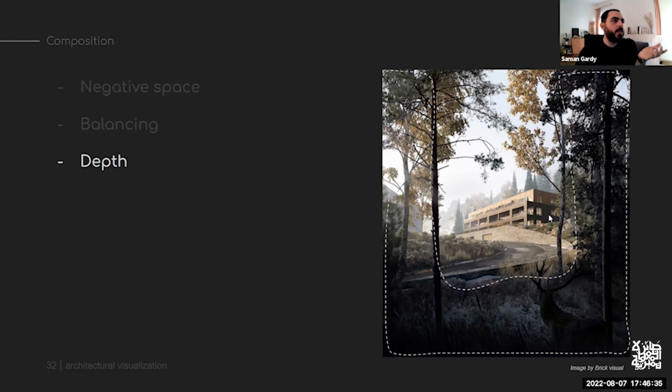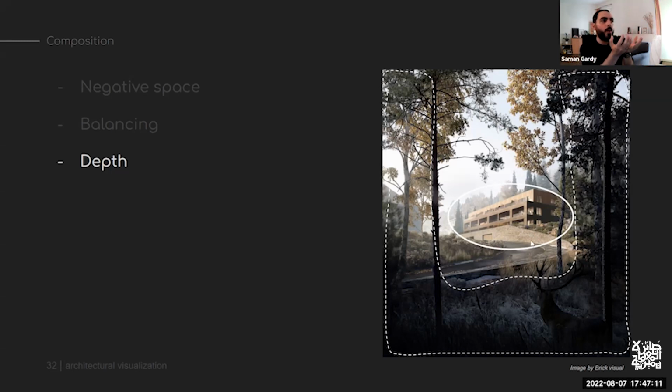You see, for example, in this visualization, we have a dark foreground. We see something happening in the foreground. This is the first layer of the image. And then we have the midground, where you always try to put your architecture or the point of interest. Here you can see the architecture, it's in midground, it's shiny. And then we have the background, which are the trees. It's back from the architecture, it's not dark.